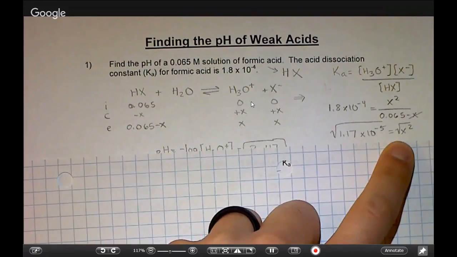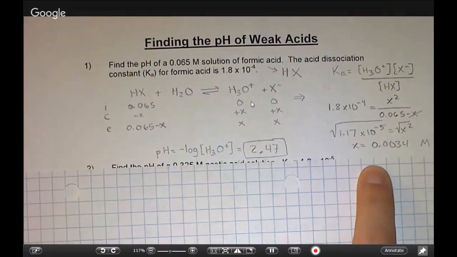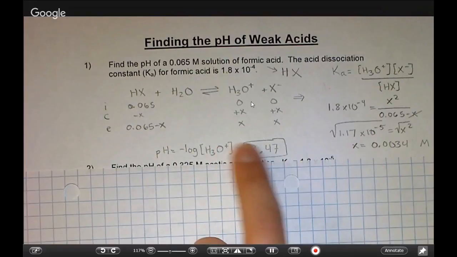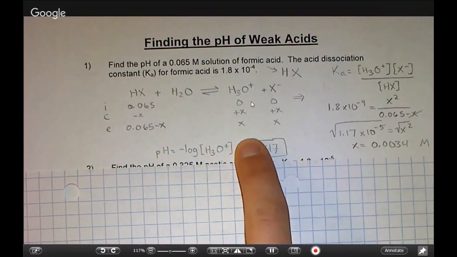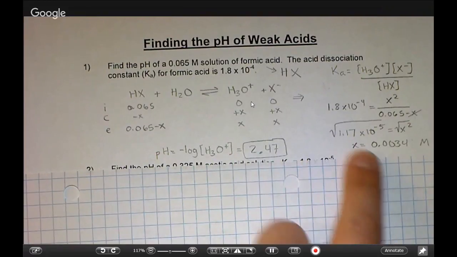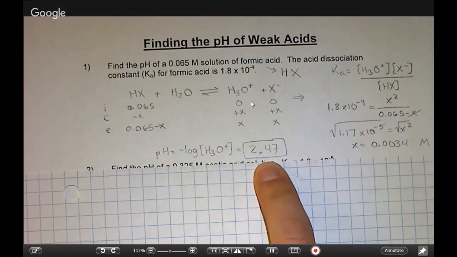To find X, we take the square root of both sides, which gets us an X of 0.0034 molar. And if we look back at our equation in our ice table, we see that X really is our hydronium concentration, where we can substitute in for hydronium concentration. So if we remember that pH is the negative log of hydronium, we can take our X, plug it in here for hydronium, and we get a pH of 2.47.